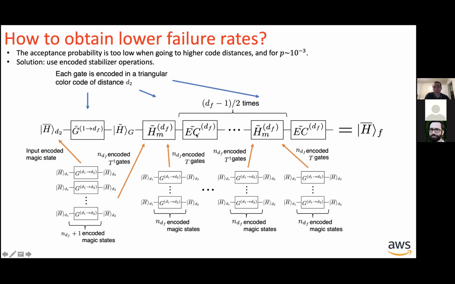Now, if you want to use surface code gates, there's an additional step that you need to do, because the H bar D2 state is a state encoded in a distance D2 color code. So you need to teleport it to a distance D2 surface code. There are ways of doing this, and in the numerics that I'll show you in the next slide, this is something that we did take into account.